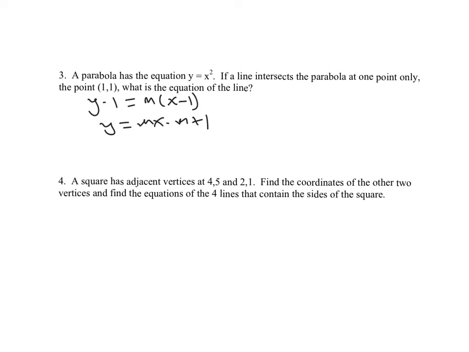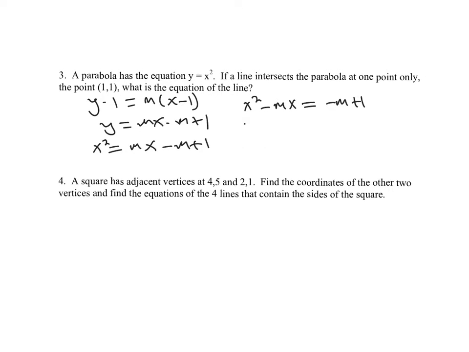Since we know that these have to intersect with the parabola, we can set x squared equals mx minus m plus 1. Now we want to set this up to solve by completing the square. So we do x squared minus mx equals negative m plus 1.